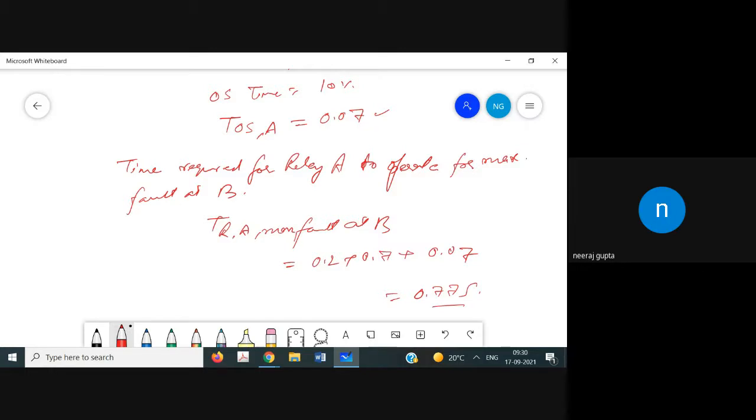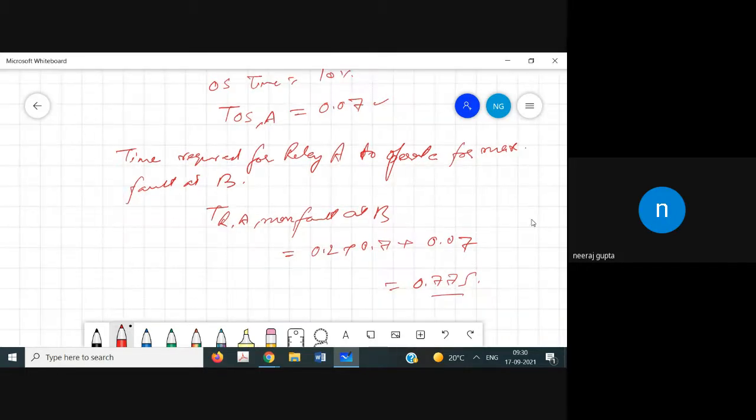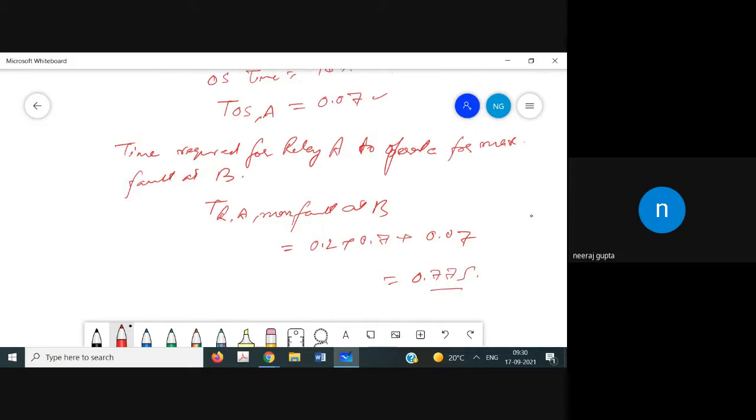Now, this was for relay B, and for relay A we know the operating time. Since we cannot assume the TMS of RA, because RA has to coordinate with other relays also, the time setting multiplier is unknown for us, so we cannot assume that.